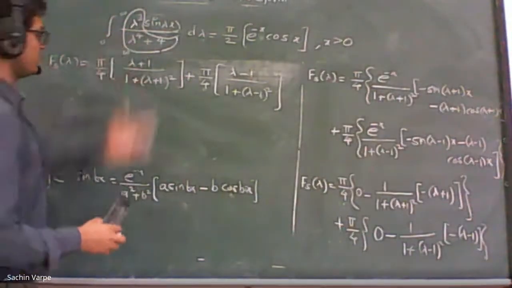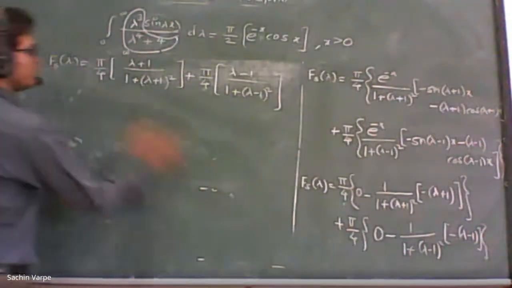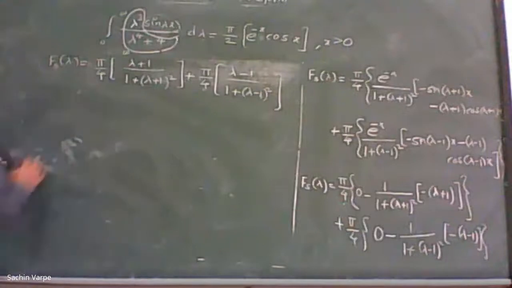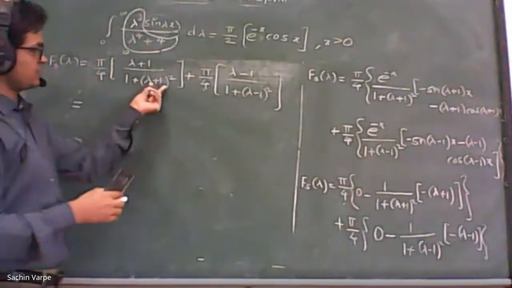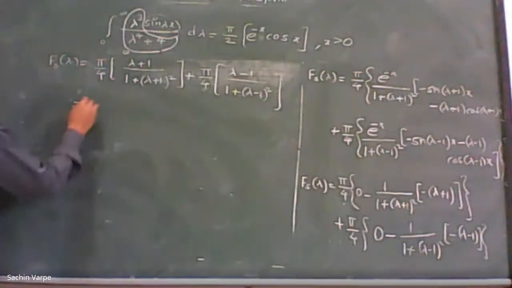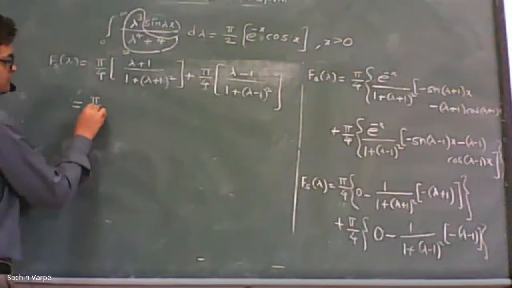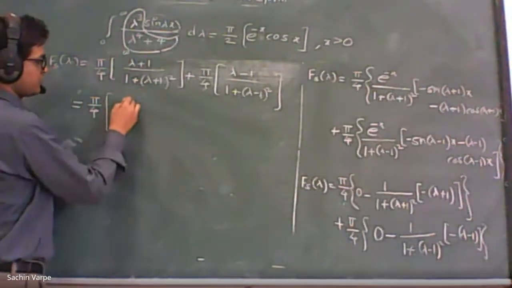Now, actually, we need the value of Fs of lambda, which is this. So we have to simplify until we get the f of lambda, because we have a scope for simplification. We can expand this bracket and then take the LCM of these two terms. So pi by 4 times, let us expand this first of all.